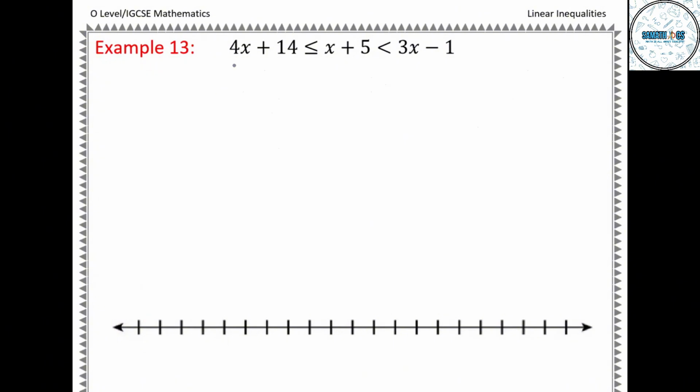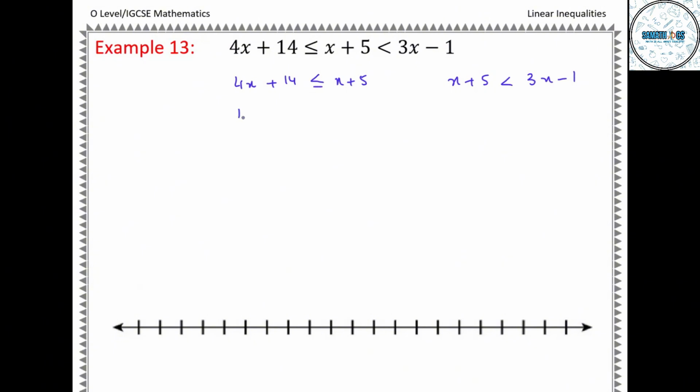Let's solve another example. 4x plus 14 is less than or equal to x plus 5. Another inequality would be x plus 5 is less than 3x minus 1. Then we will take 4x, then we will take x on this side.